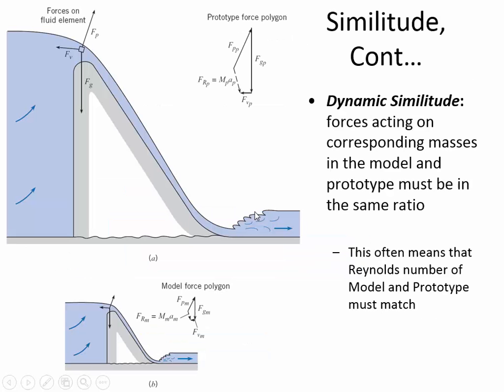But more interesting to us than geometric similitude is dynamic similitude. Dynamic similitude is what you have to use when you want the forces for the prototype to scale down to the size of the model, so that you can actually simulate the amount of scour that would occur in a real-world spillway, like this is illustrating.